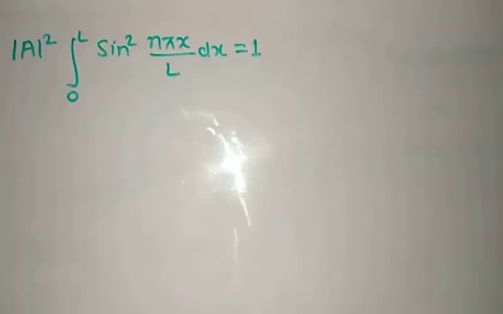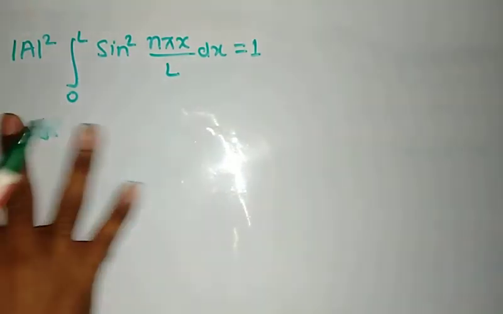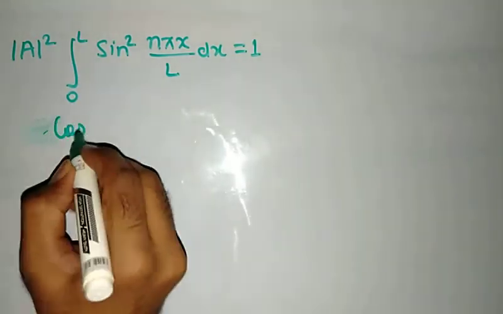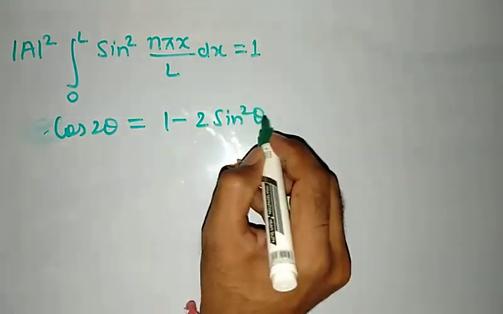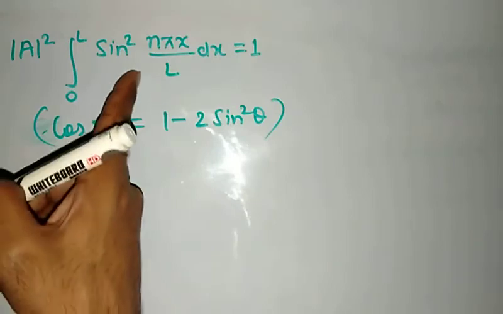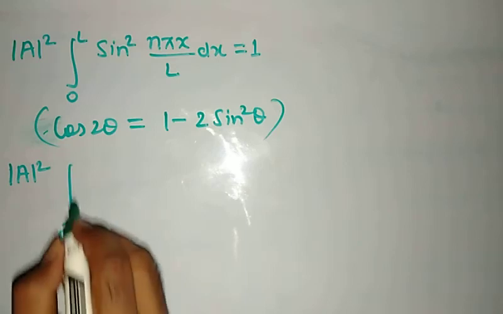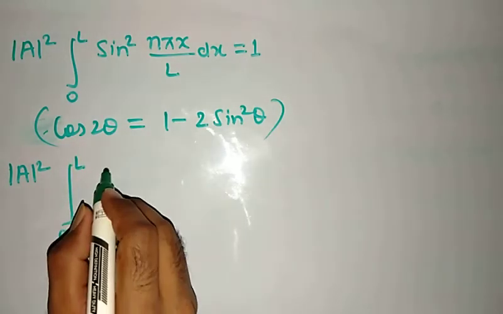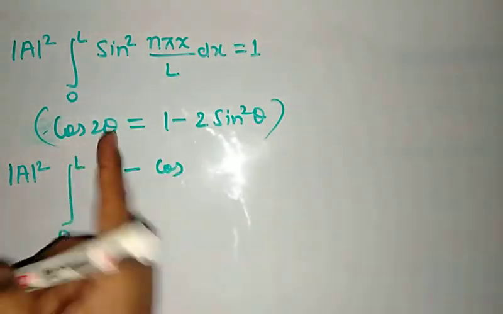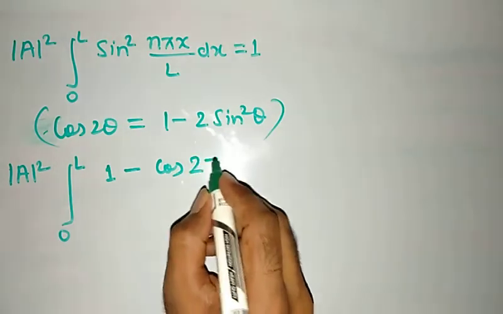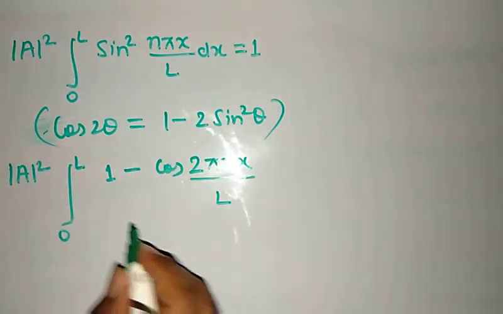To integrate this one, we will use the relation cos 2 theta is equal to 1 minus 2 sin squared theta, so that we will convert as mod A square, 0 to L, 1 minus cos 2 theta, meaning 2 pi n x by L, and by 2.